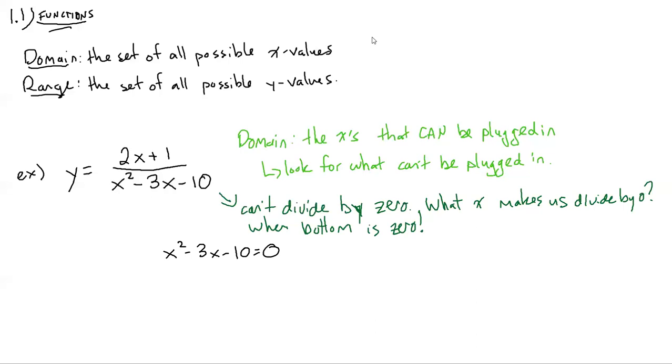And so my little factoring review here, remember what we're looking for is two numbers that add to the middle and multiply to the last number. And hopefully you can see that the numbers should be -5 and 2.